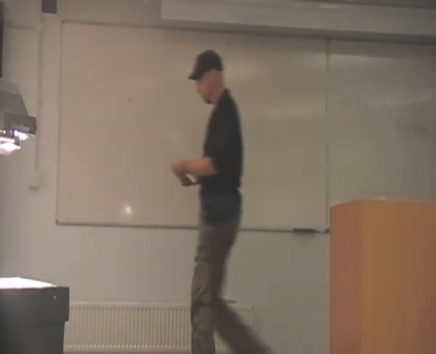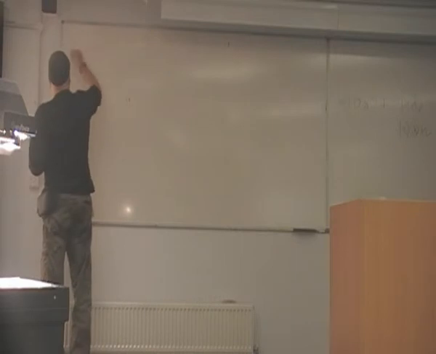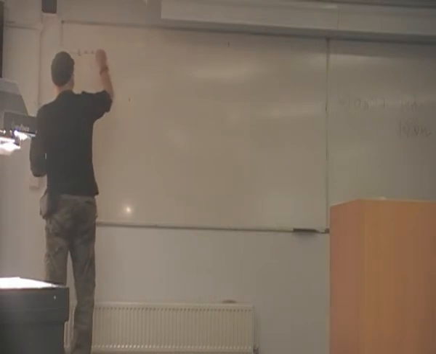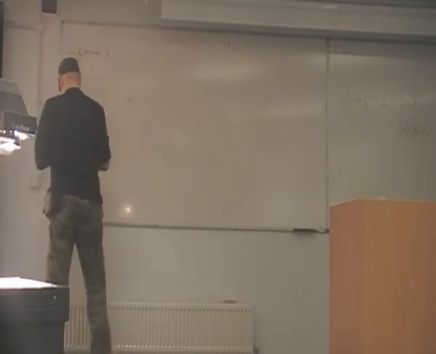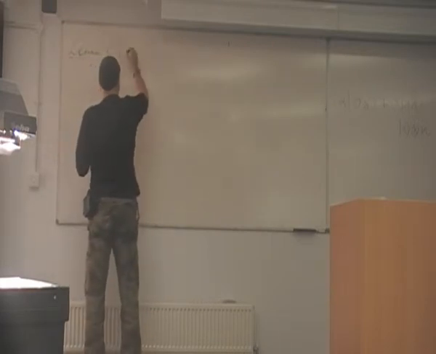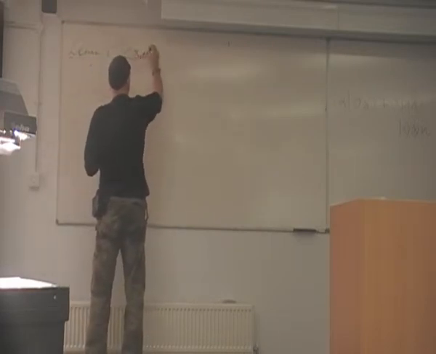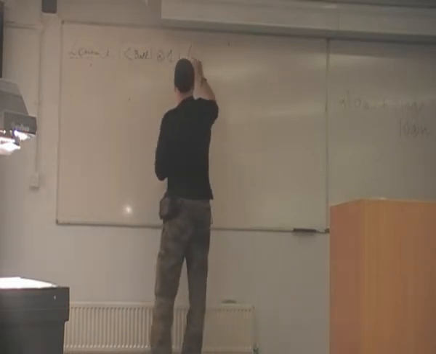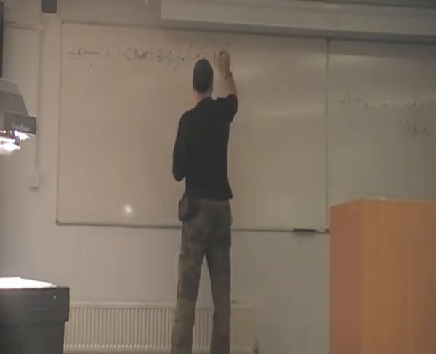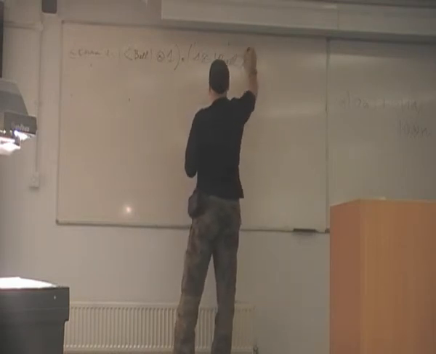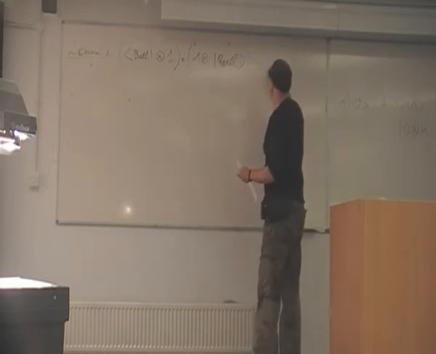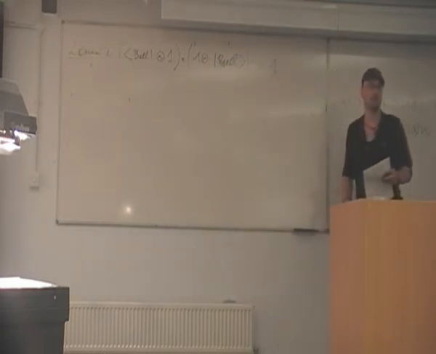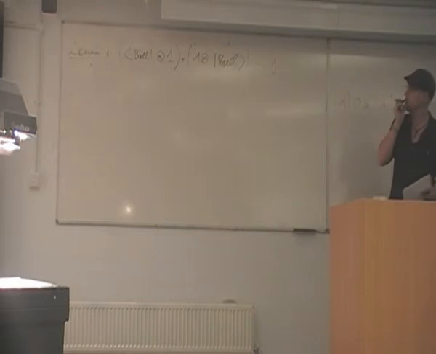A slightly more elegant way of doing that is to first prove the following lemma: if you take the Bell state, like that, then this thing as a whole is the identity. That's my claim. How do you see that?